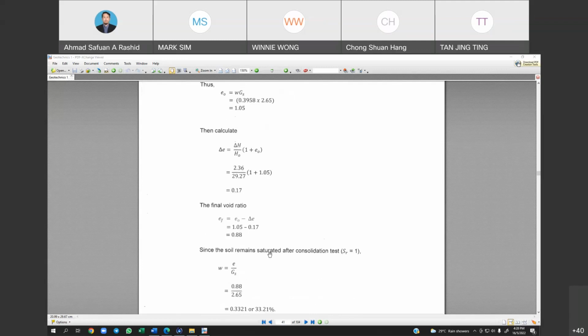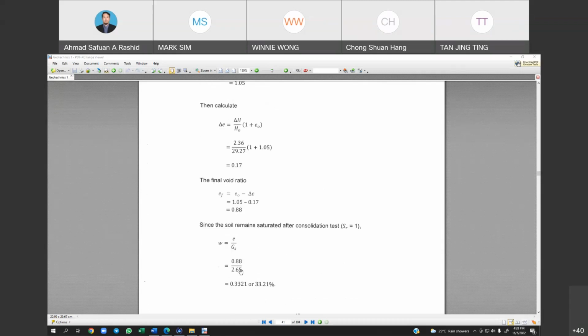While for the moisture content after the test, by assuming the soil is fully saturated, Sr is equal to 1. So w is equal to the final void ratio over specific gravity: 0.88 over 2.65 is equal to 33.21.